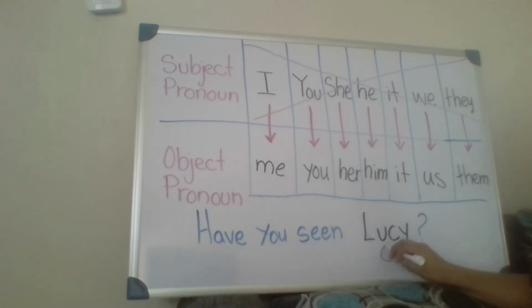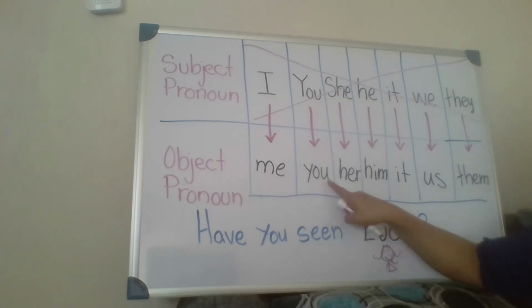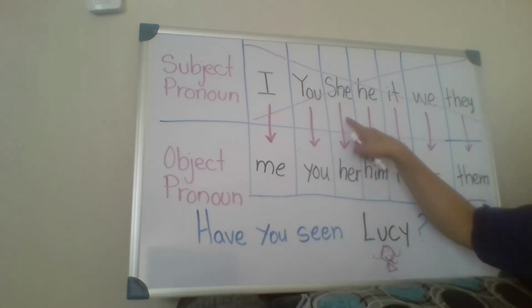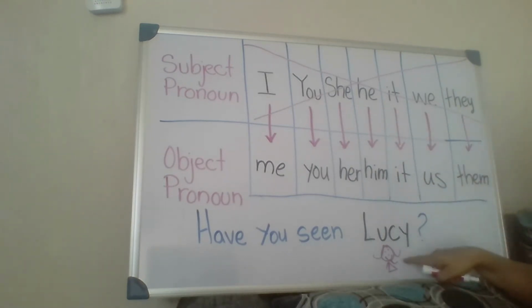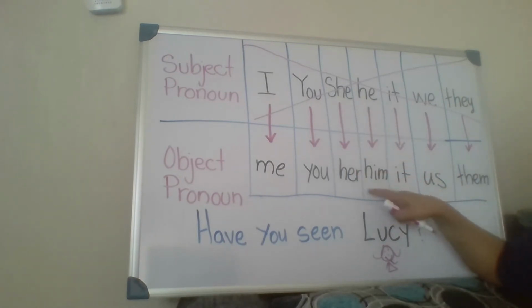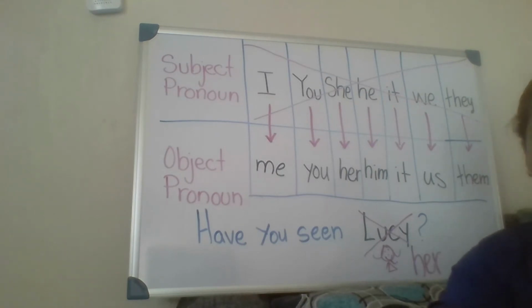Lucy, by the way, is a girl. Me? You? Is it her? Or is it him? It? We? They? Which one? If it is a girl, it is her. So we would replace Lucy and write her. Have you seen her? We're talking about a girl, okay? Good job.